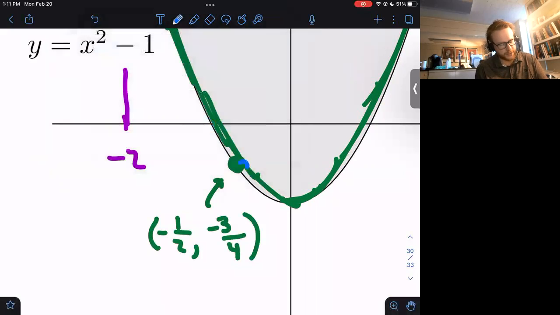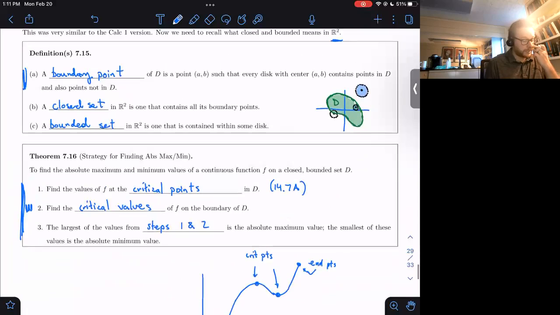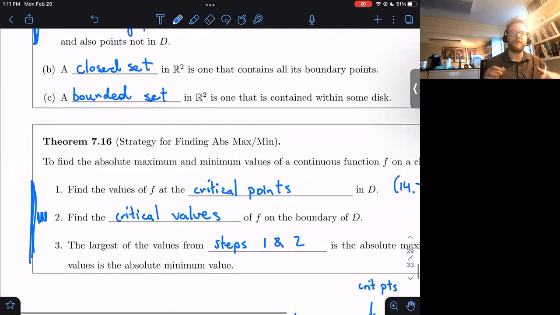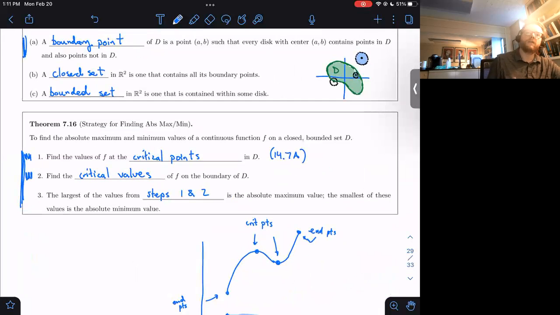And since I did the other ones in blue, why don't I do this one in blue as well? So now we have collected all of the boundaries and the critical values, including the endpoints. Sadly, there weren't any critical points in the first case, but we now have a comprehensive list from steps 1 and 2 of all the places where a possible min or max could occur.